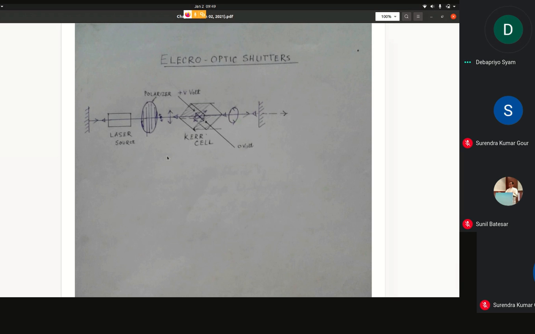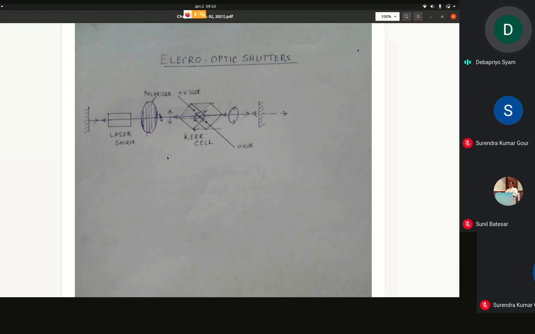Now, what happens is that the radiation that enters the cell has an electric field which is in the vertical direction, and so the electric field can be split up into X and Y components. X component along the direction of the electric field and Y component perpendicular to that.